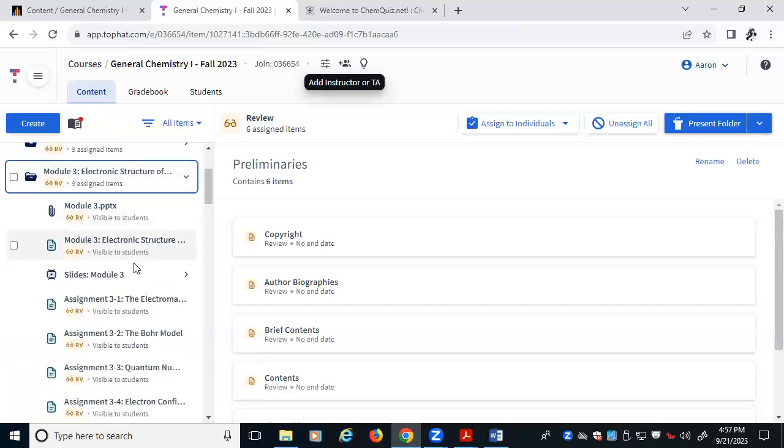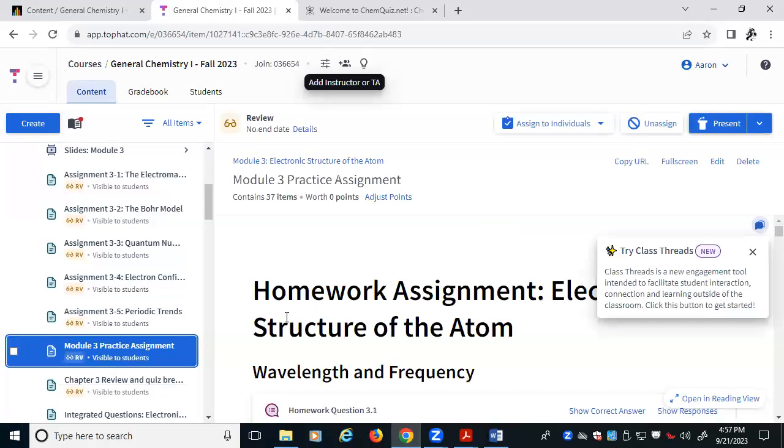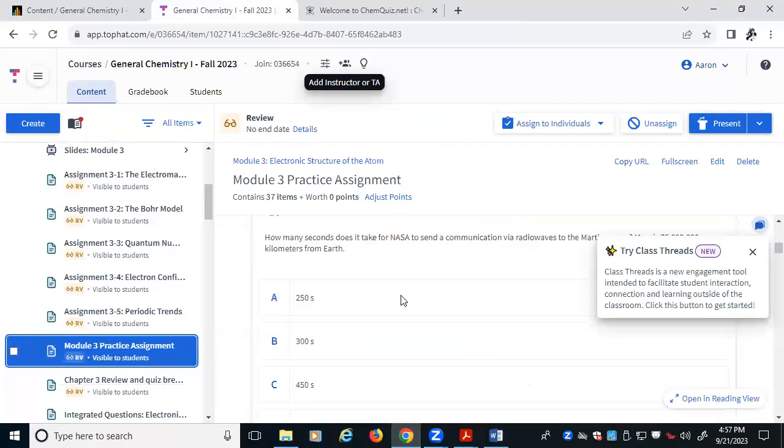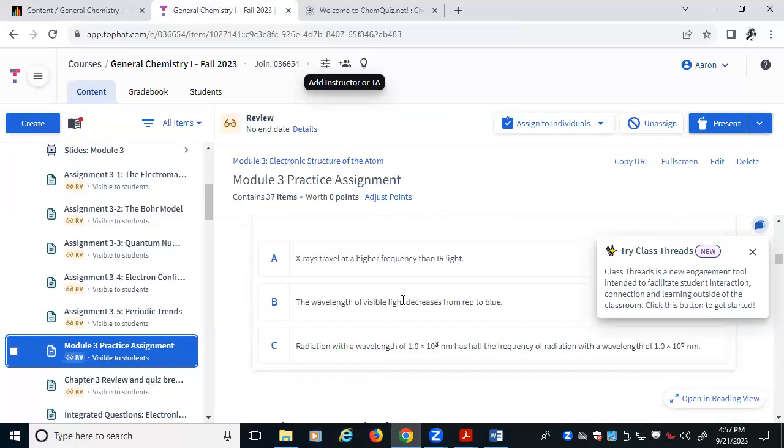You already know about the practice assignments in Top Hat, where you could get specific kinds of questions and get feedback on those questions, based on your answers. Now, I know that the feedback in Top Hat is not nearly as robust as what was in Active, but it is a place to get extra practice problems.